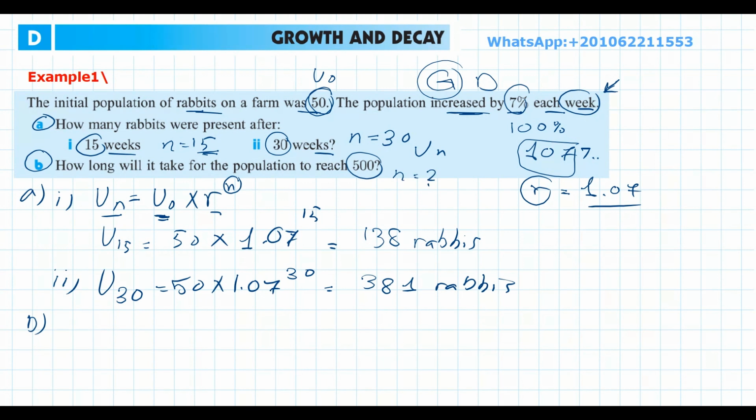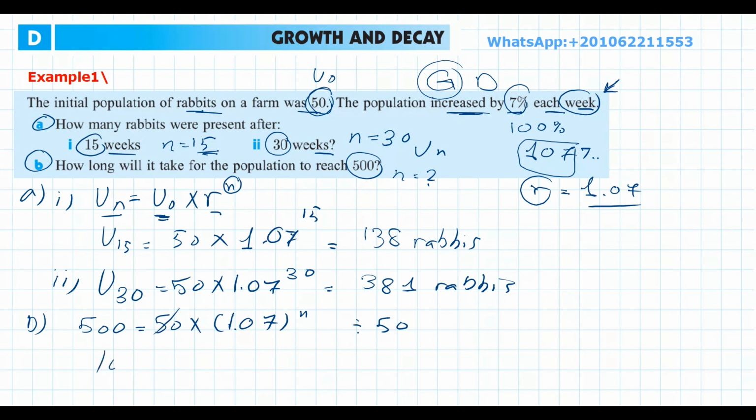Then un equals 500. Then 500 instead of un equals u0, which is 50, times 1.07 to the power n. Here you need to divide by 50 on both sides. Then 500 divided by 50 becomes 10.